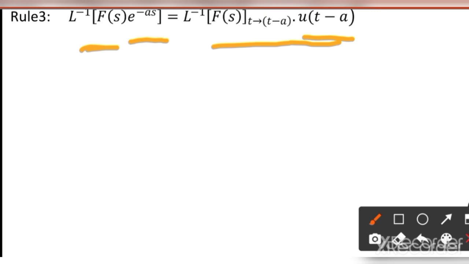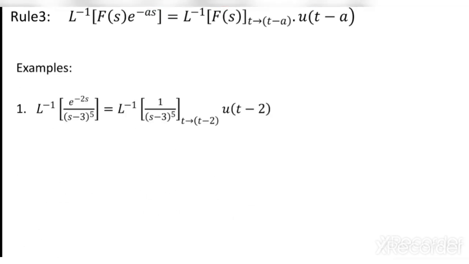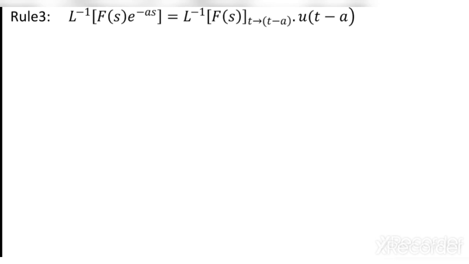So I can apply the reverse process, that is L inverse of f of s e power minus as is equal to L inverse of f of s, and once you get that result, replace t by t minus a and multiply by the unit step function.